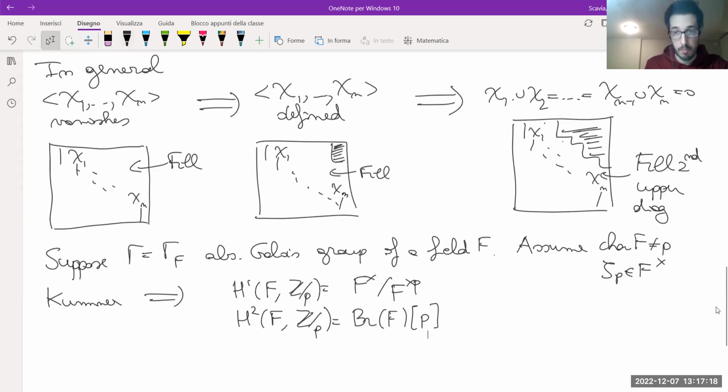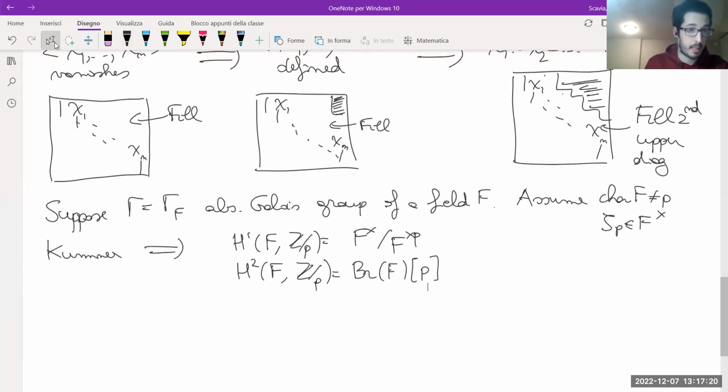So what do we get? For all a1 through an in F star, we get a Massey product.